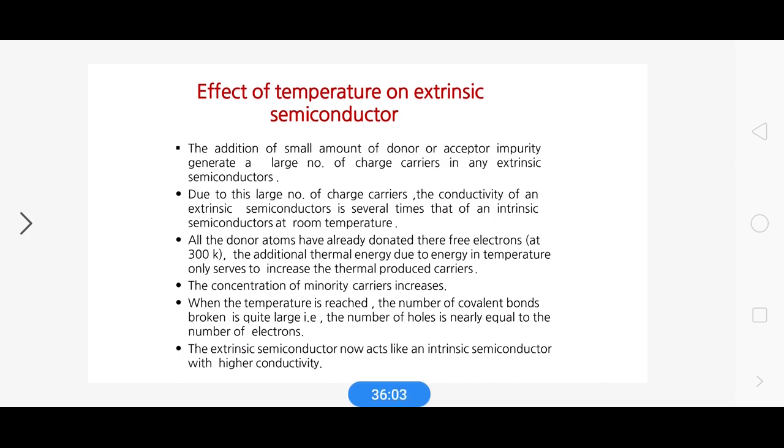It is completely zero at absolute temperature. As the temperature of the intrinsic semiconductor increases, the conductivity increases. Whereas in the extrinsic semiconductor, at room temperature itself, the conductivity is several times greater.